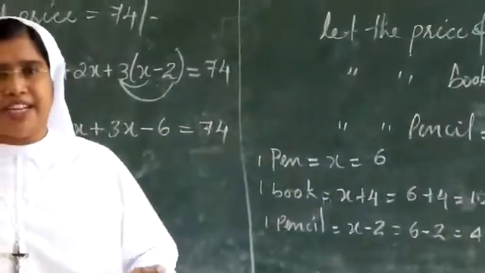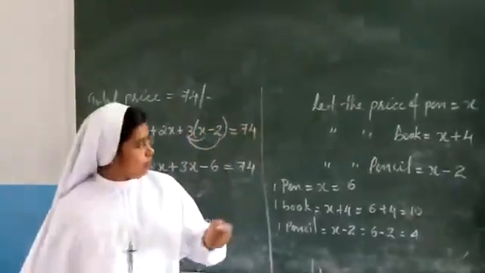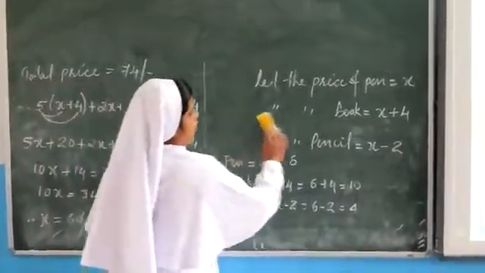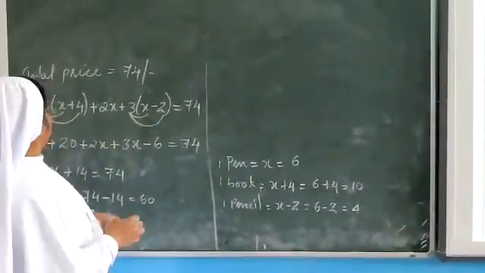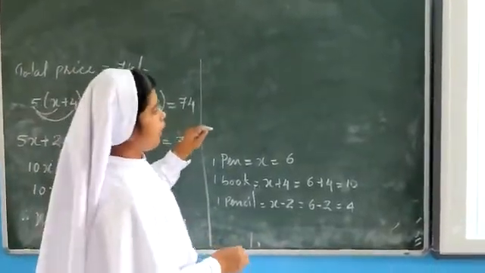Now we have to check whether it is correct or not. What was the total price? 74. Okay, now to check, let us look here. How many books were there? 5 books.